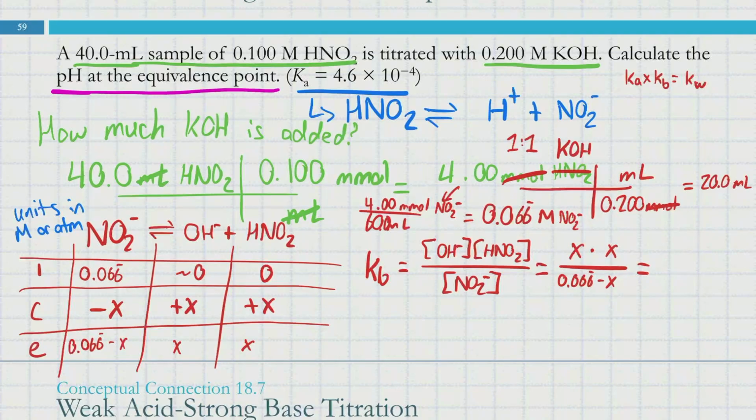We're just going to assume that we're at 25 degrees Celsius. So 1 times 10 to the minus 14 divided by 4.6 times 10 to the minus 4. We get 2.17 dot dot dot times 10 to the minus 11.